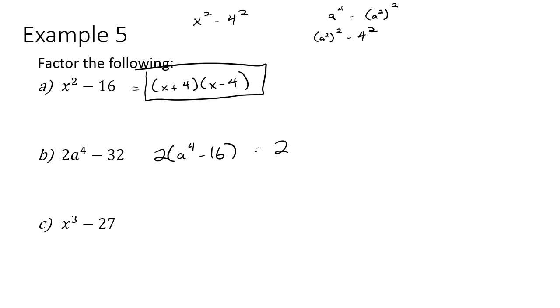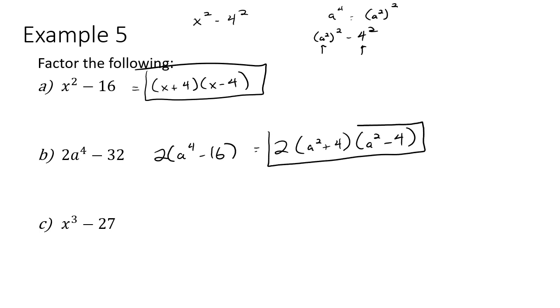And so if you factor it using the formula, first term plus the second, so it would be a squared, because that's what's being squared this time around, plus 4 times a squared minus 4. And once again, please remember that you can always just FOIL this back out, multiply it, and double check that it goes back to where you came from to make sure that you applied the formula correctly.